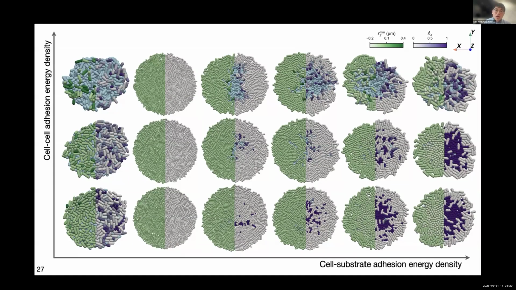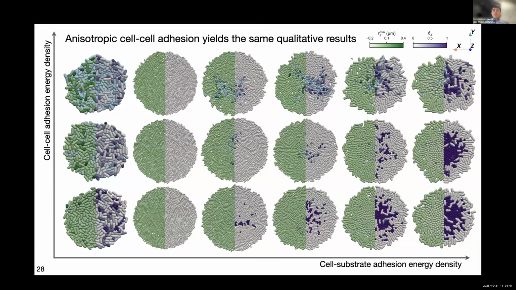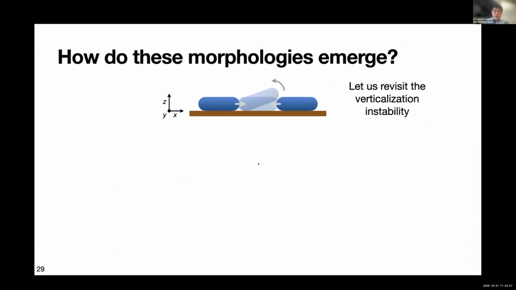And then on the top left, when we have only cell-cell adhesion, we see a biofilm that behaves as a liquid droplet. If we use the anisotropic model of cell-cell adhesion, we get basically the same results. So even though the model is quite different, qualitatively speaking, we obtain the same morphological phase diagram. So the two models sort of agree in that regard, okay?